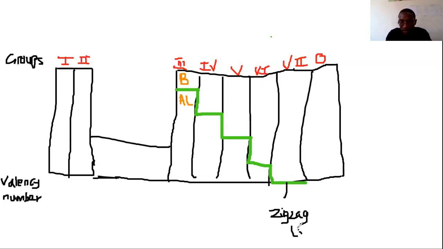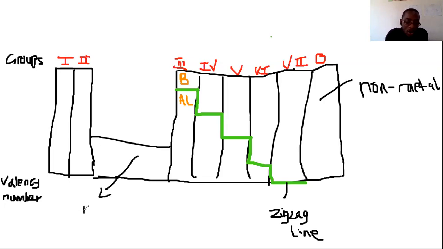On the right side of the zigzag, this is where you find all the non-metals. Then on the left side, this is where you find all the metals.